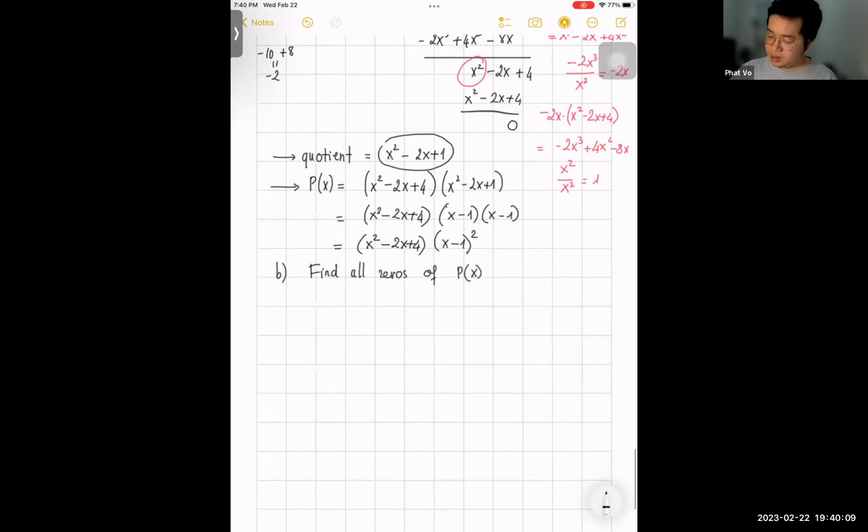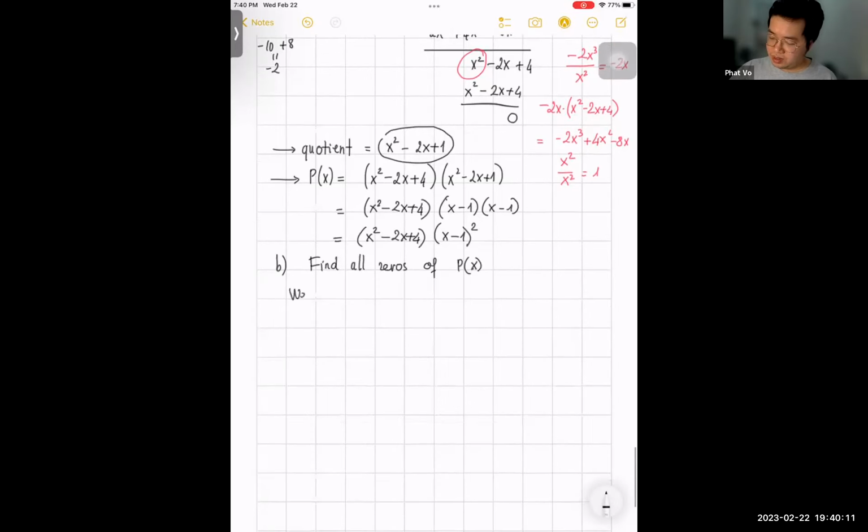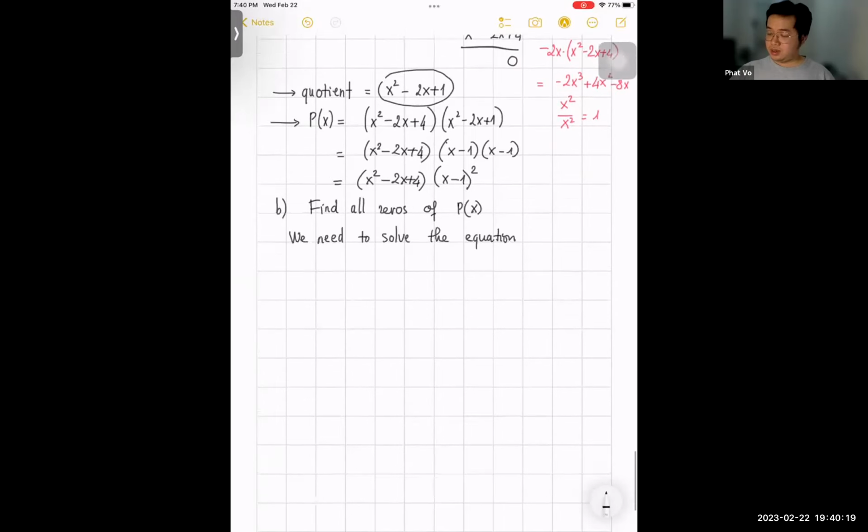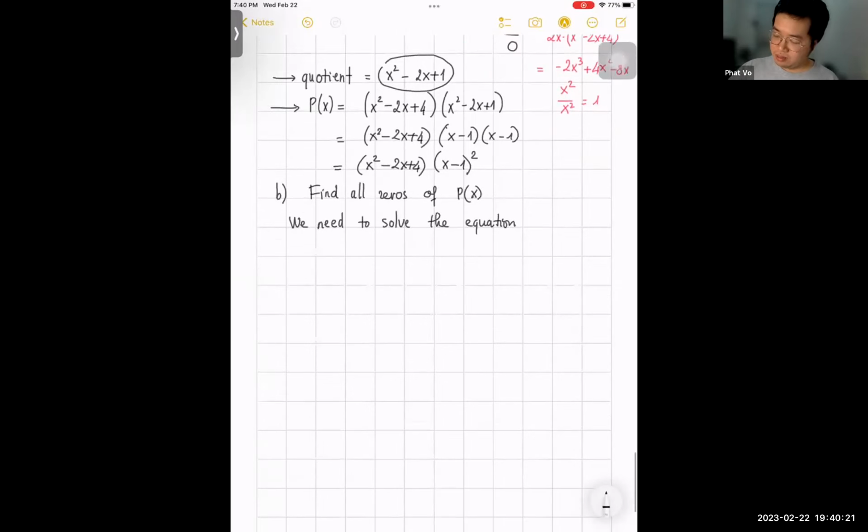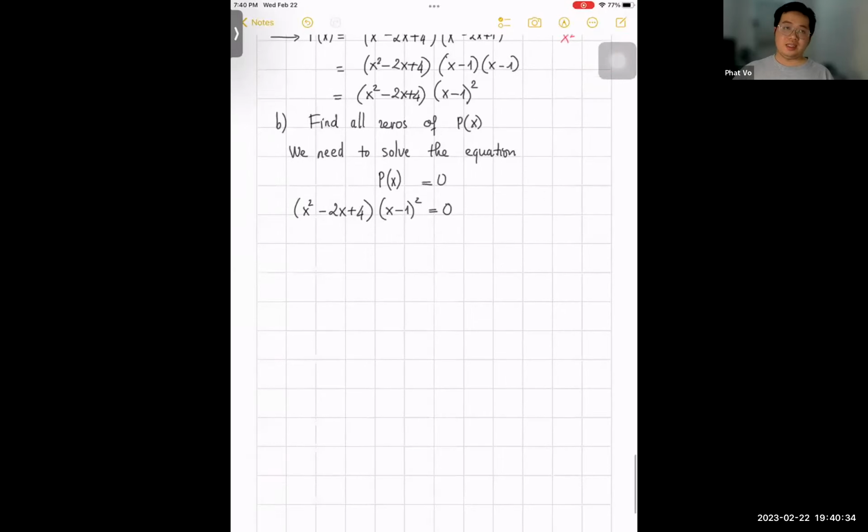So that means we need to solve the equation P(x) equals 0. That means we need to solve x^2 minus 2x plus 4 times (x minus 1)^2 equals 0, right? This is the product of two polynomials.